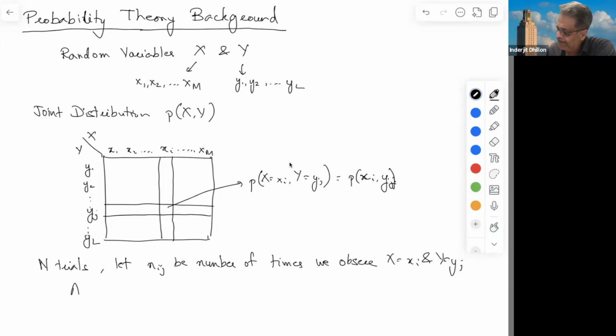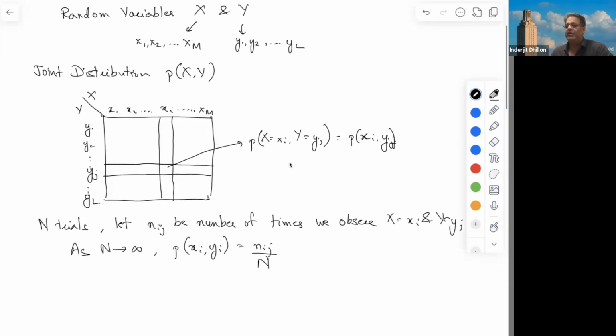As I do more and more trials, as n tends to infinity, this estimate will converge to the actual probability value P of xi, yj.